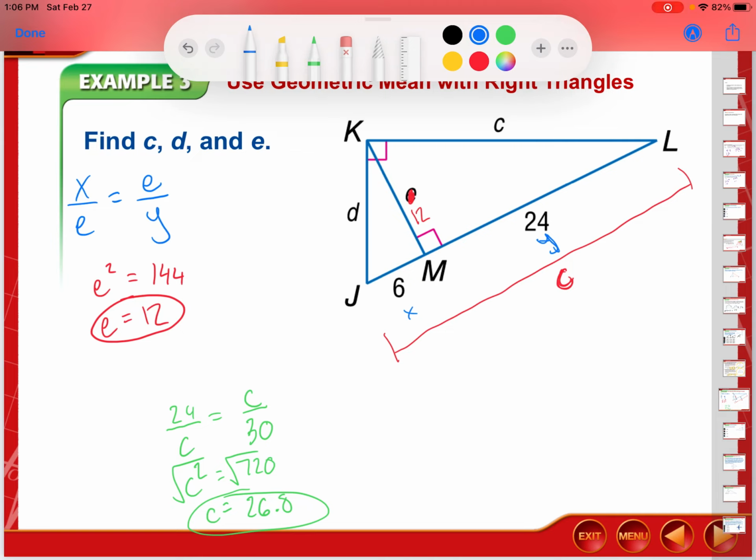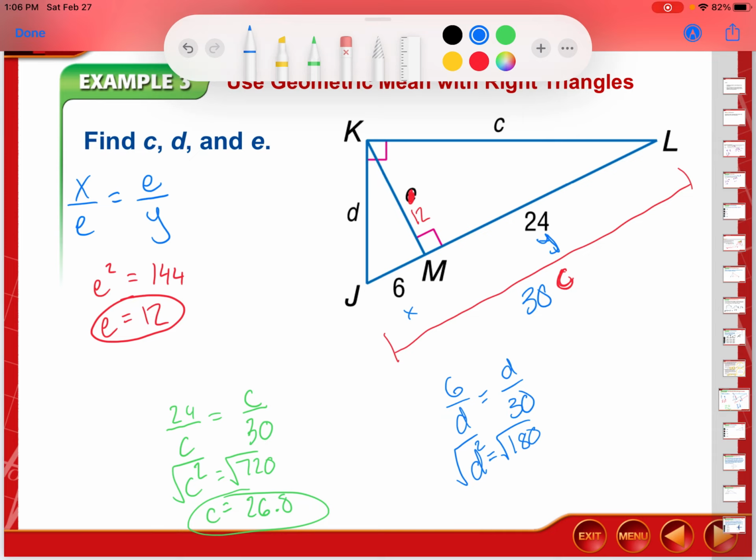So now we're solving for D. So we would have 6 over D equals D over 30, because 30 is our whole length here. So we multiply those, we get D squared equals 30 times 6, which would be 180. We take the square root of both sides.